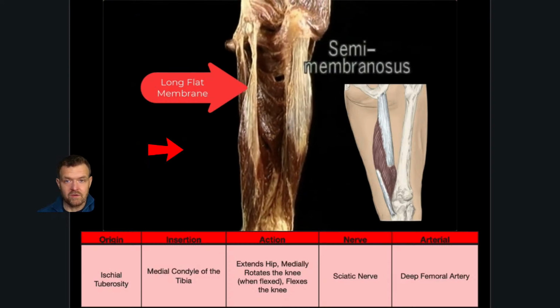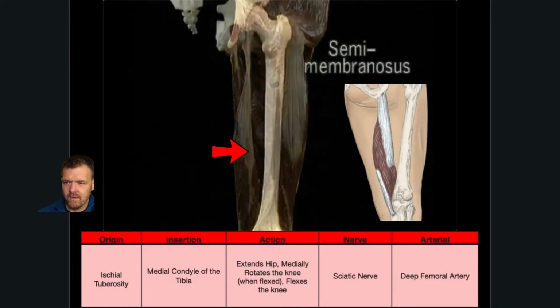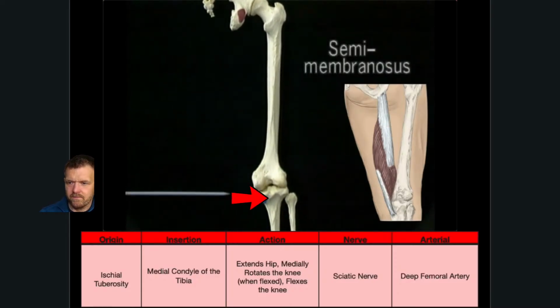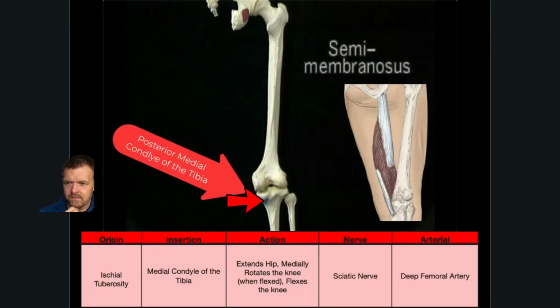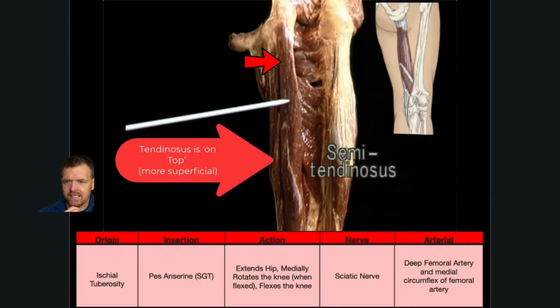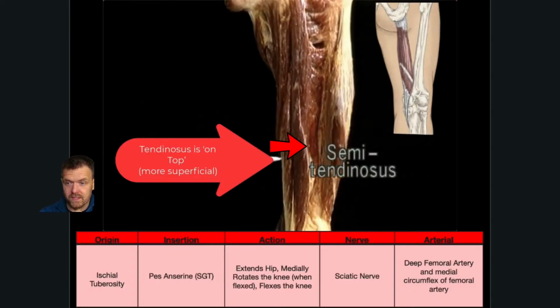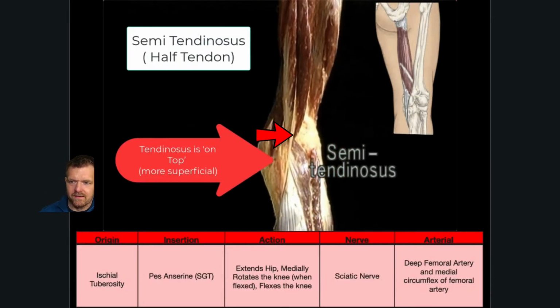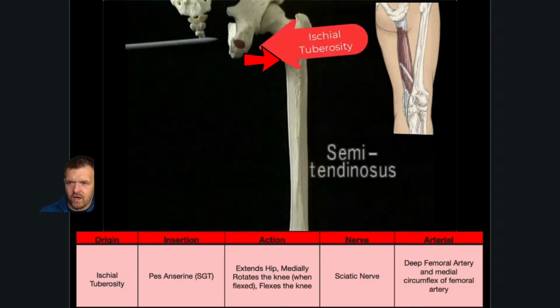It's because it's got a really long tendon. So there's semimembranosus just there. That's where it attaches, ischial tuberosity, and then onto the back of the tibia, the posterior condyle of the tibia. And then here's semitendinosus. So we've got a longer muscle, a lot more muscle belly, and then a really long tendon there. So half tendon.